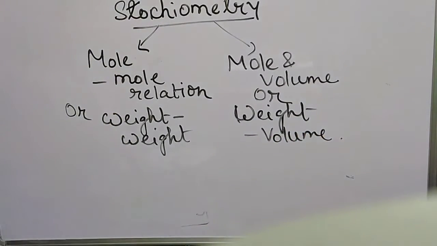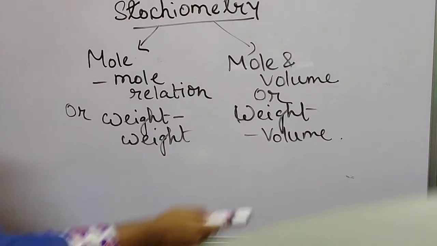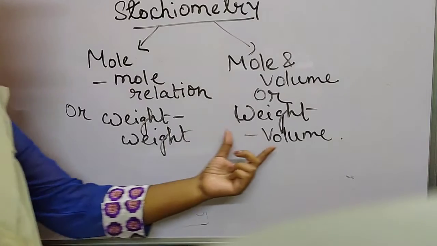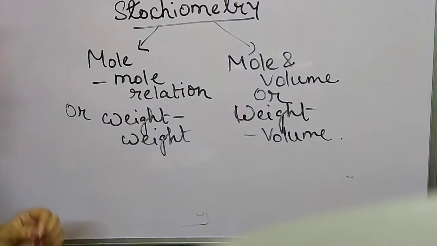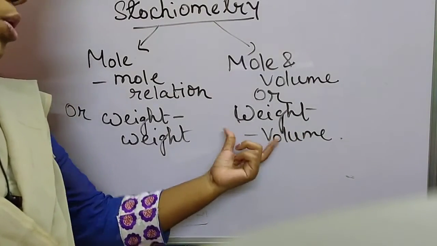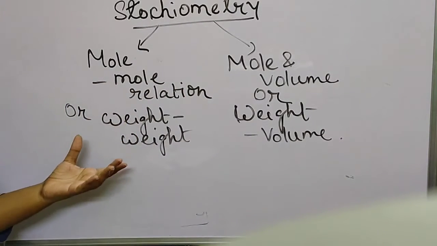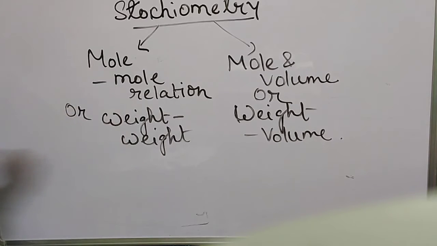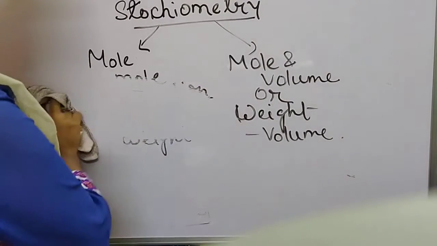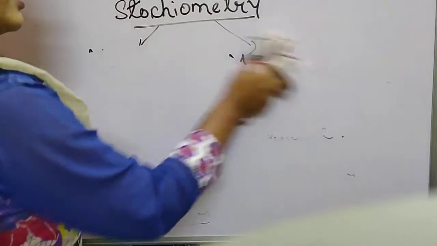For one substance we have to calculate its weight, and for another we have to calculate its volume. Volume we need to calculate for gaseous substances. So if the volume is asked in the question, for a gaseous substance you use this rule, and for calculating the weight, normally for solid substances, you use that rule. Today we will see a few examples regarding the weight or mass or mole relation.